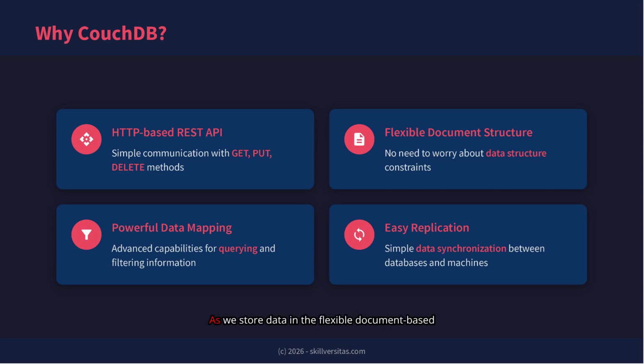Number 2, as we store data in the flexible document-based structure, there is no need to worry about the structure of the data. Number 3, users are provided with powerful data mapping, which allows querying, combining, and filtering the information. And number 4, CouchDB provides easy-to-use replication, using which you can copy, share, and synchronize the data between databases and machines.